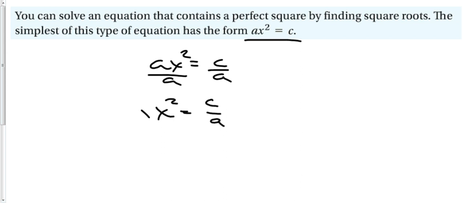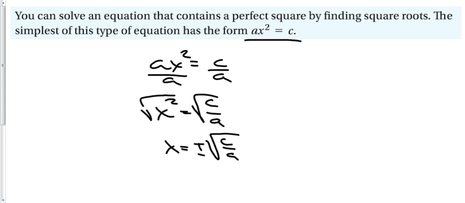And then to solve for x, we take the square root of both sides. Remembering, of course, that when we take the square root of both sides of an equation, we have to include the plus or minus. And that should make sense because we are going to get two answers. The two answers are going to be the ones where the function actually crosses the x-axis.